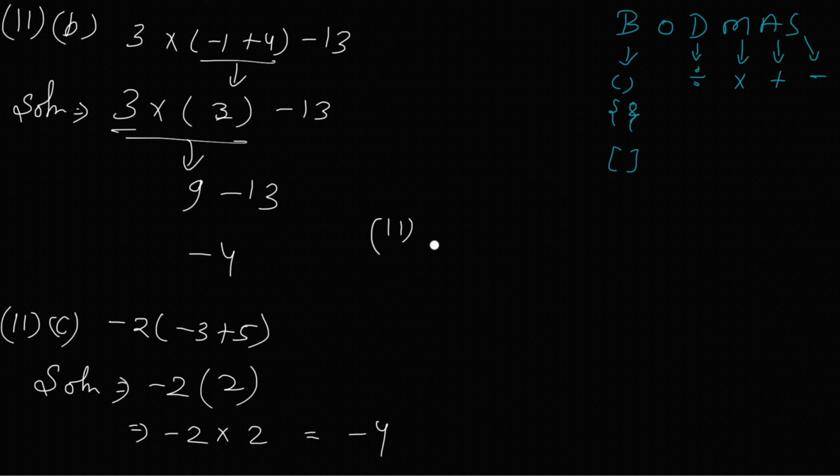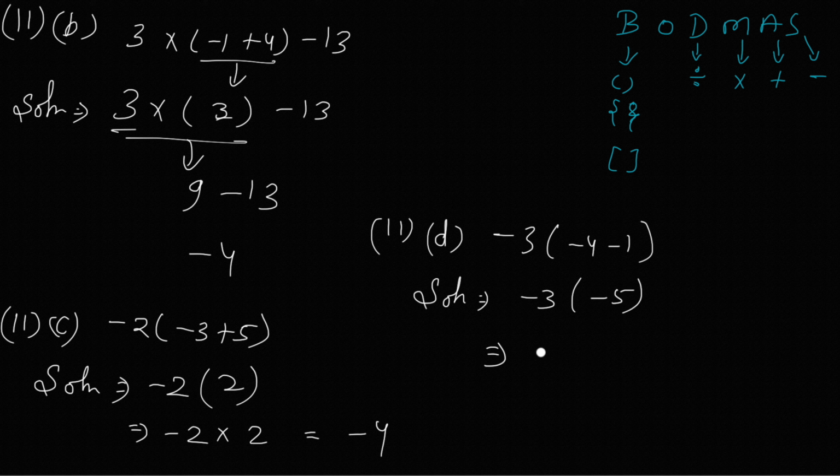Now 11d. 11d is minus 3 (minus 4 minus 1). So here is the solution. Minus 3, it will give you minus 5. Okay, minus 3 multiplication minus 5 will give you, negative times negative is positive, so our answer is 15.